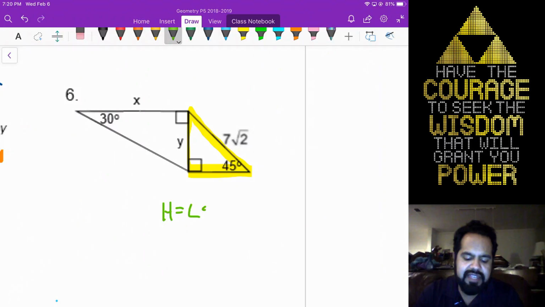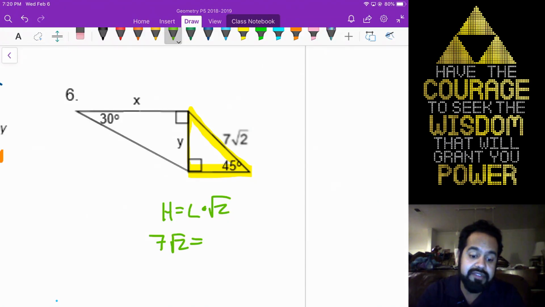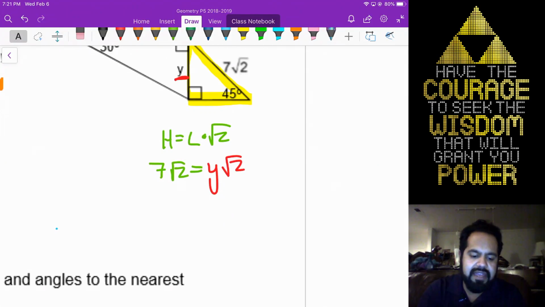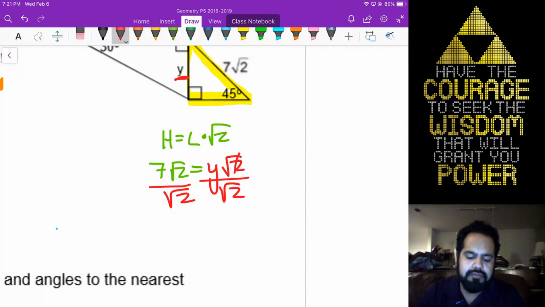Hypotenuse equals leg times the square root of 2. So 7 rad 2 equals, oh, you know what's kind of cool is that one of the legs is labeled as y. So let's use y. And then divide out the rad 2. So then y equals 7.